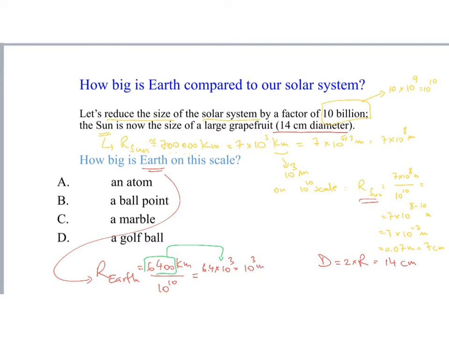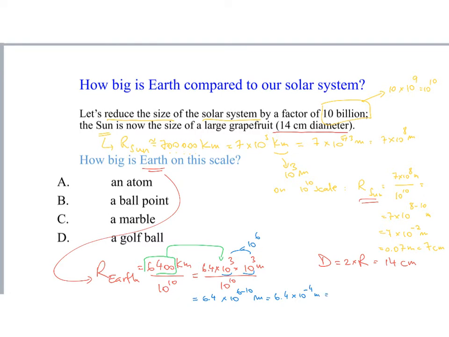So again, this is 1,000 meters, or 10 to the 3 meters, divided by 10 to the 10. 10 to the 3 times 10 to the 3. These together make a 10 to the 6. All right. And so that means what we have here is going to be 6.4 times 10 to the 6 minus 10 meters. We're going to continue. This is 6.4 times 10 to the minus 4 meters.